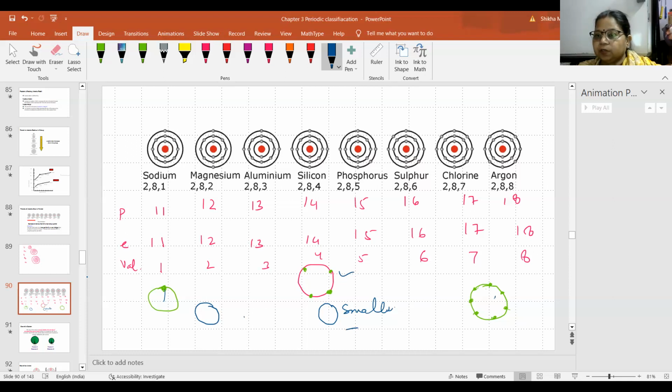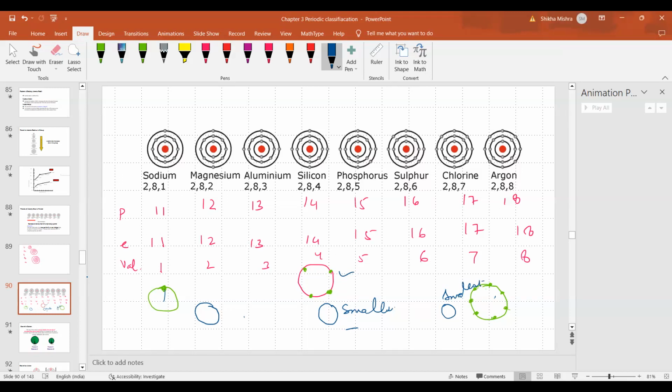And if I talk about this, it is being attracted towards the center from 7 points. So it has to be the smallest one. Is it making sense or not? Yes, ma'am. Okay. So that is why the size of atom, or atomic size, decreases in a period, right?